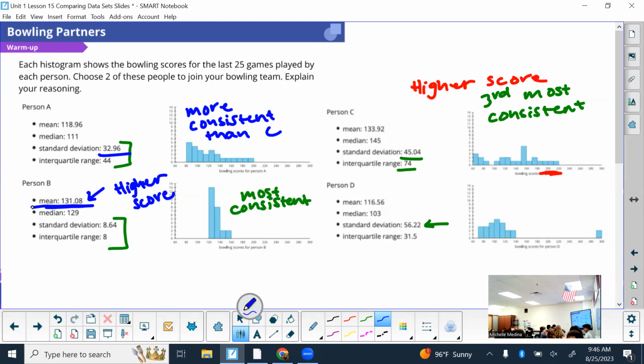So Jaden, help him out. When it's not symmetric. So when it's more skewed, like over here, this person got a perfect game, that might be why you would choose B, because one time they got a perfect score. But do they get that, or not even one time, maybe a few times? But do they get that most often?